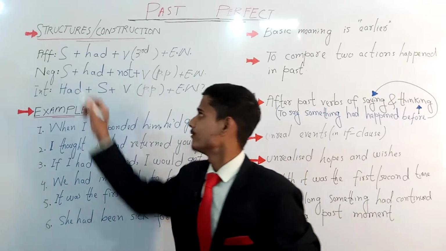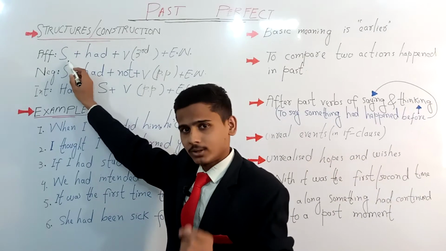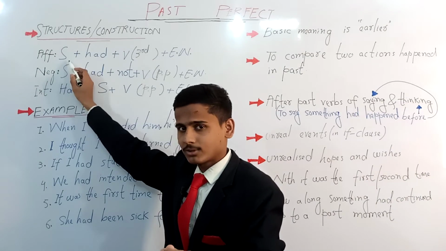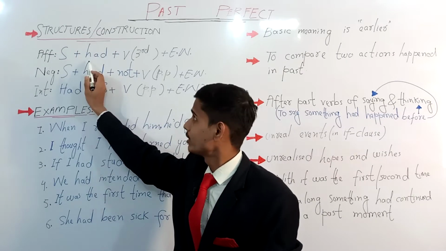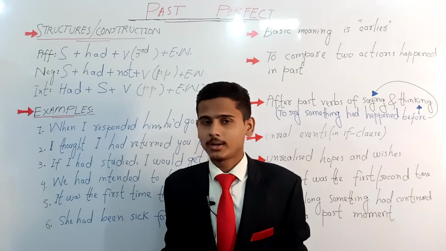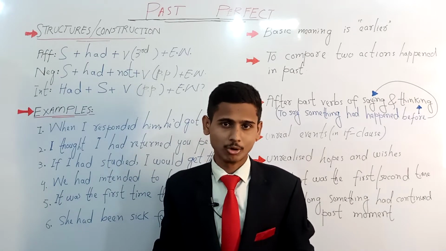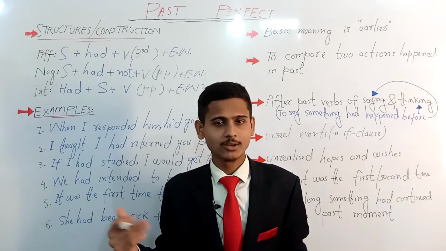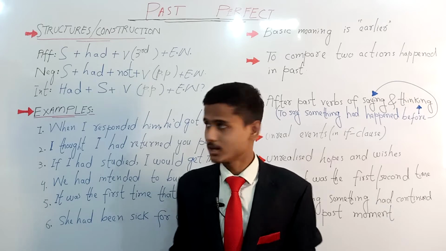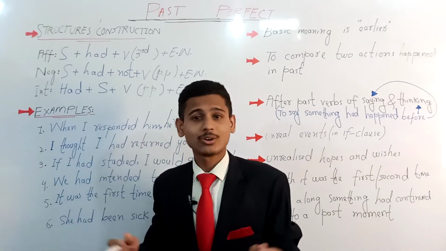First of all, we have affirmative, like in the others. We put the subject first in the affirmative structure, and then we have had. After had we have a verb, and the verb is going to be in past participle form or third form, as I mentioned in the last part, which was present perfect. And the reason I have put had here is because it's not present perfect.